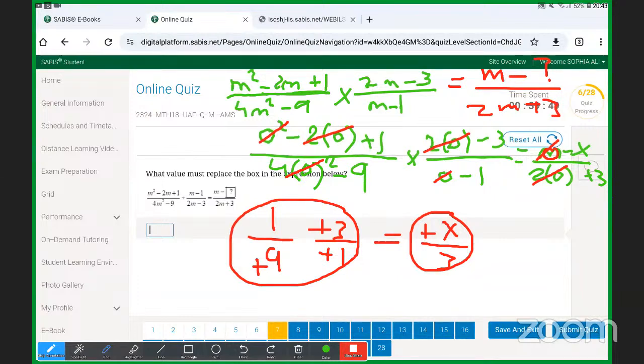Okay, so now it is your turn to do some simplifying. You have here 3 and 9. Yeah, greatest common factor. Do it.